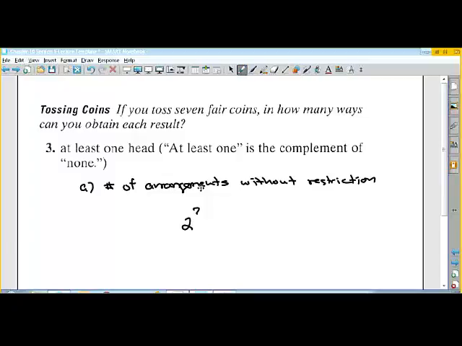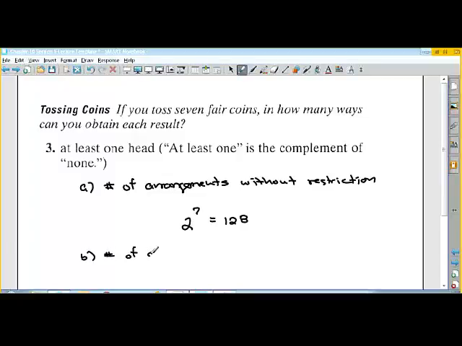Because we have a 7-part process. Each process has 2 choices, heads or tails. So each one we multiply 2 by 2 by 2, and the number of tosses is how many times we multiply it. So it's 2 to the 7th power, which is 128. So there are 128 possibilities without any restrictions. That's our universal set.